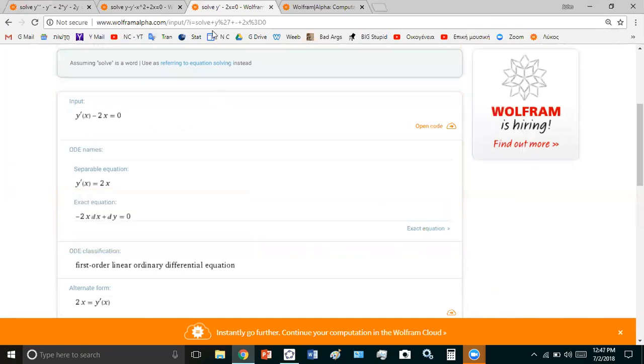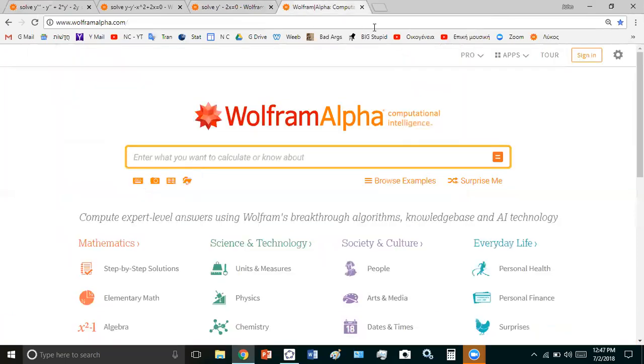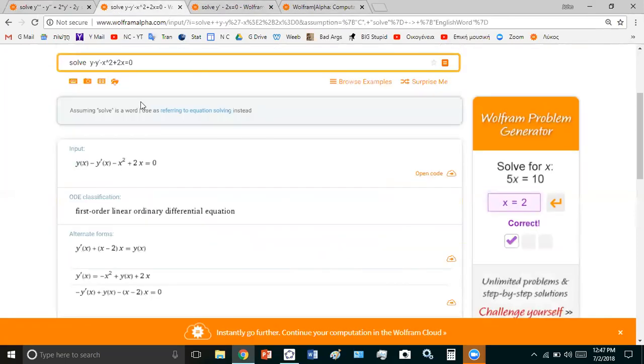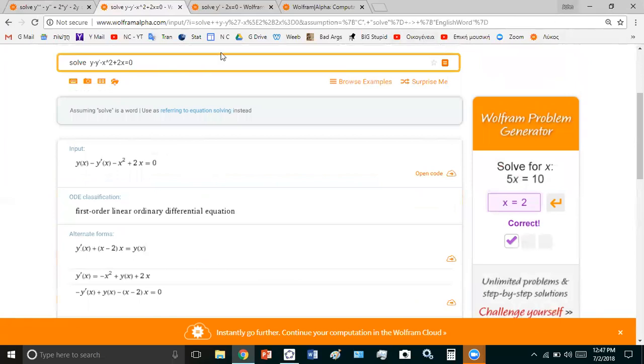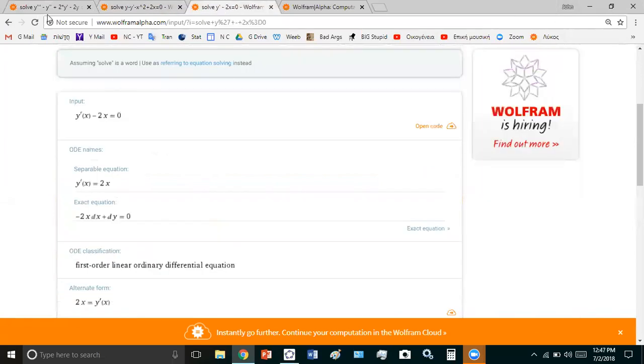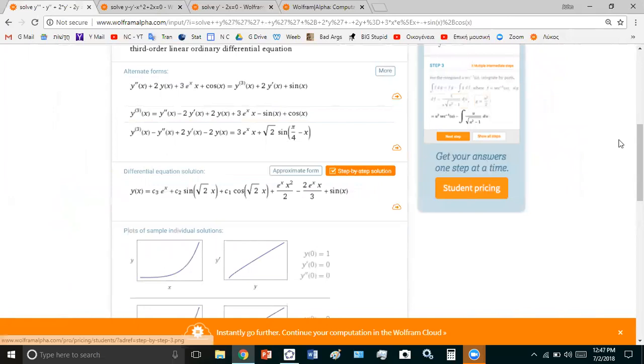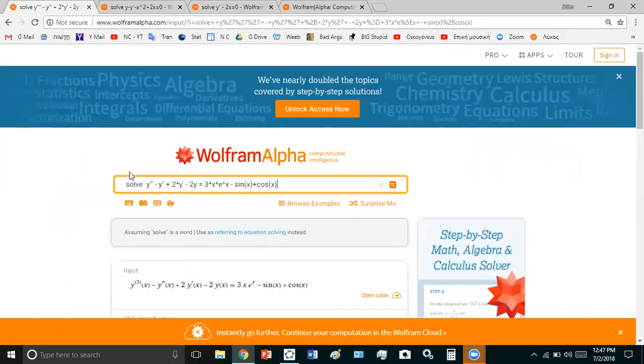Now, I tried it also with a slightly more complex equation, this one here, and it found this answer here, but C1 would definitely have to be 0 in this case. And so it's obviously wrong. And this is a warning to those who come to Wolfram Alpha Computational Engine and type in queries and just believe they're correct without actually checking them.